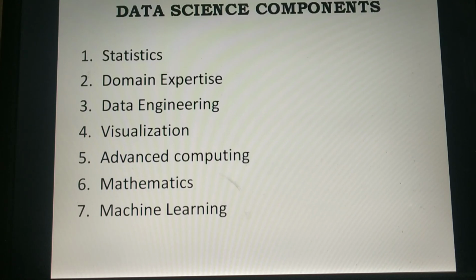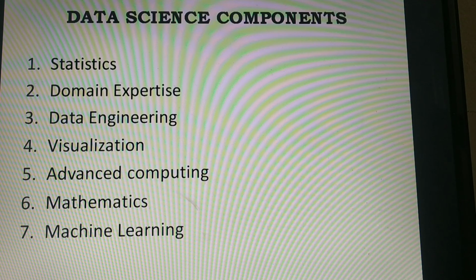In data science there are various areas. In databases we store a large volume of data. These databases are used in various fields or areas, and for all these areas we need domain experts.